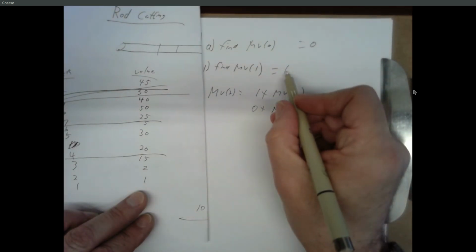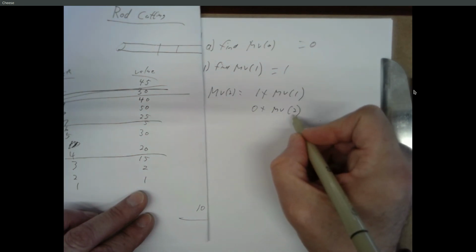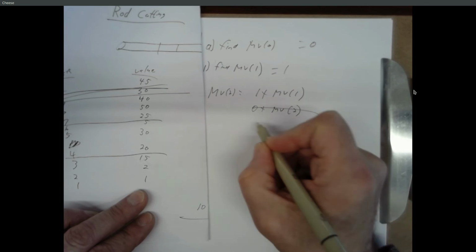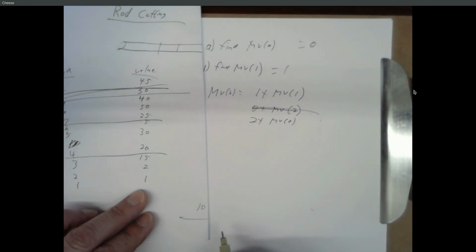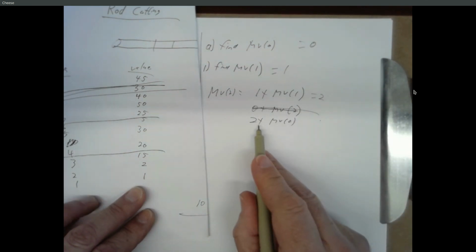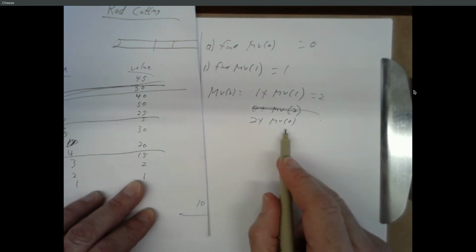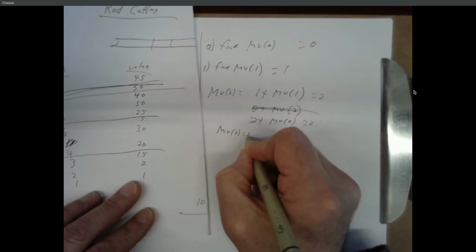And that's really it. Well, we already know max val of 1 is equal to 1. Sorry, that's 2 inches plus max val of 0. However, we know max val of 1 is 1, so this is equal to 2. This is 2 plus max val of 0, which is 2. So the largest of that is just 2, so max val of 2 is 2.